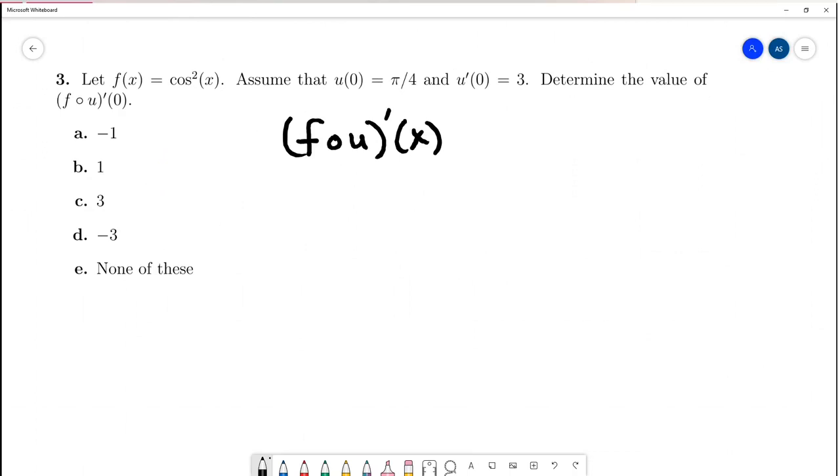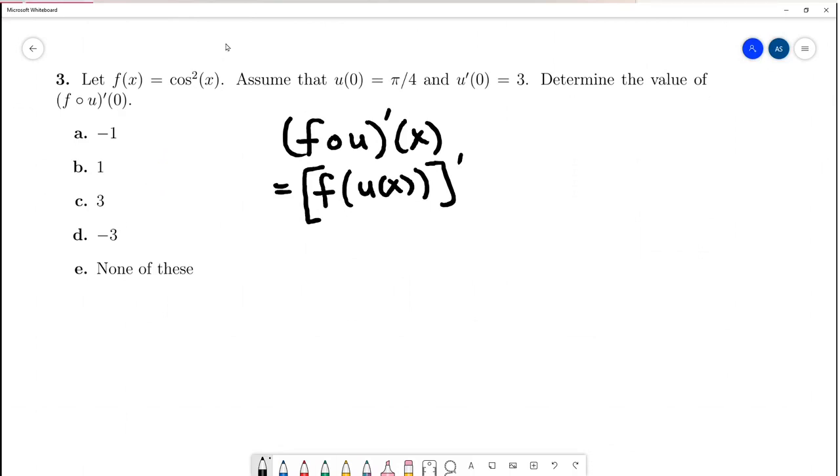Now, when we have the composition of functions and we're calculating the derivative, we need to use the chain rule to do that calculation. So I'm really thinking of this as f of u of x and then calculating the derivative of that function.